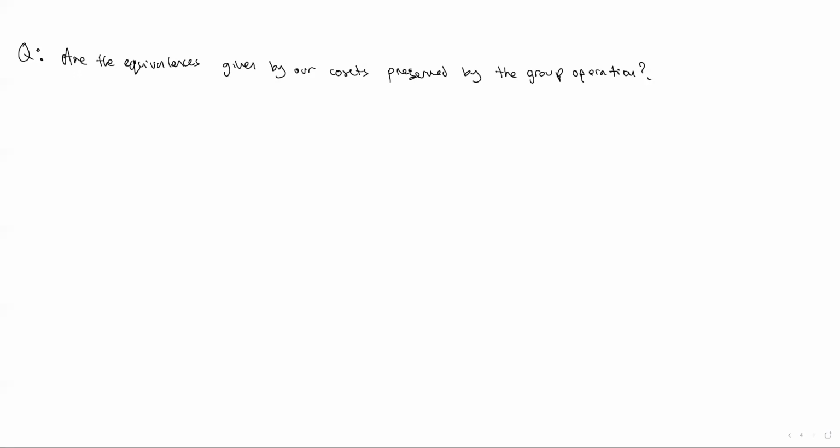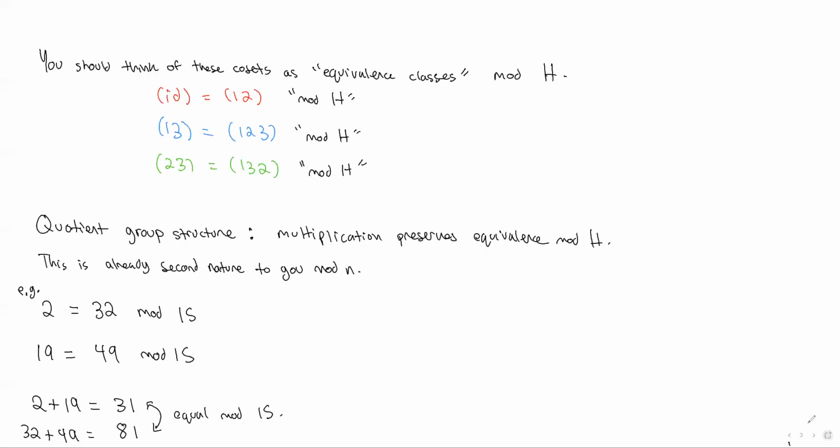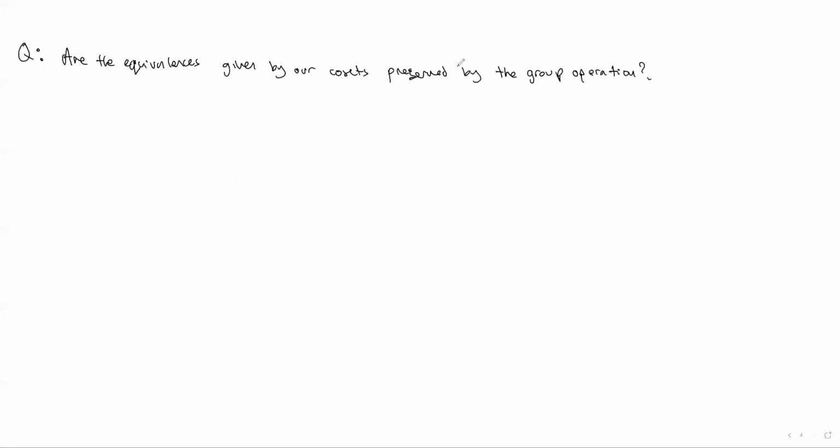And no, it's not. Let's do a random one. Let's do the identity times (1 3). That's easy enough, it's just (1 3). What about (1 2) times (1 3)? (1 2) is supposed to be equal to the identity, right?